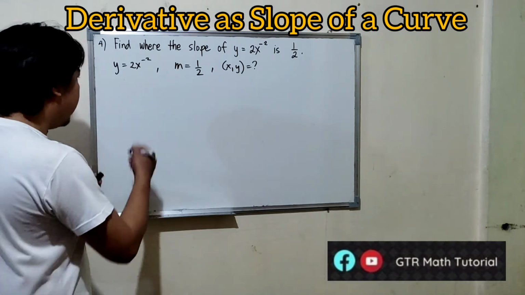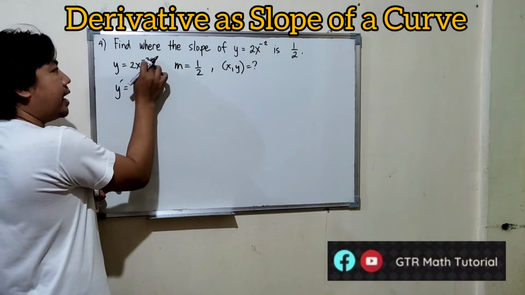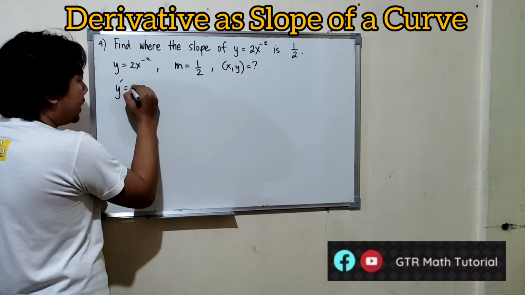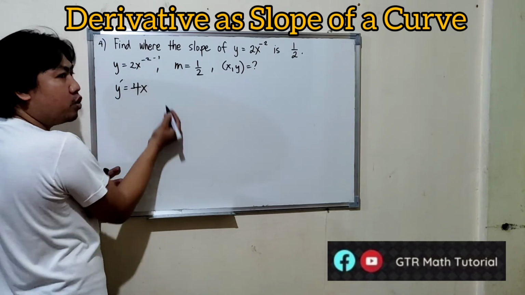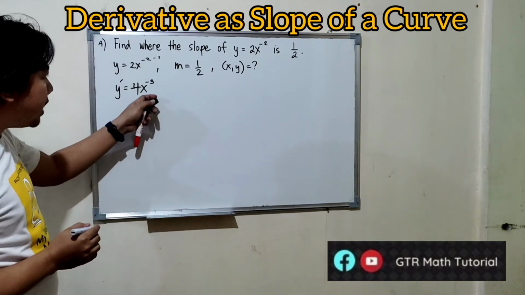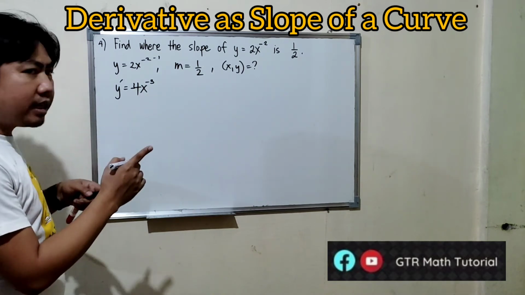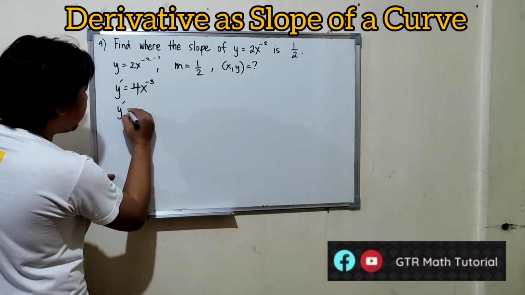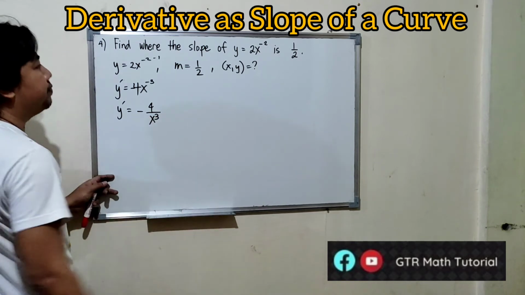Multiply the exponent by the constant: negative 2 times 2 is negative 4, and then x raised to negative 2 minus 1, which is negative 3. Simplify using the negative exponent rule: x raised to negative n is equal to 1 over x to the n. So y prime is equal to negative 4 over x cubed.